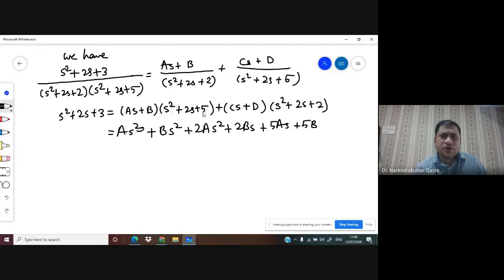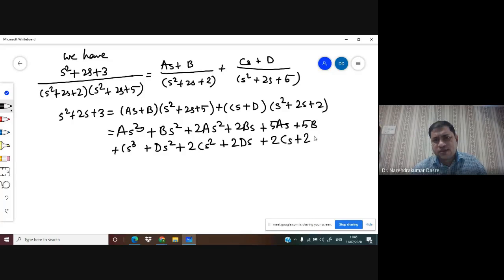This is the product of these two brackets. Now plus cs cube plus ds square plus 2cs square plus 2ds plus 2cs plus 2d. This is the product of the next two brackets.